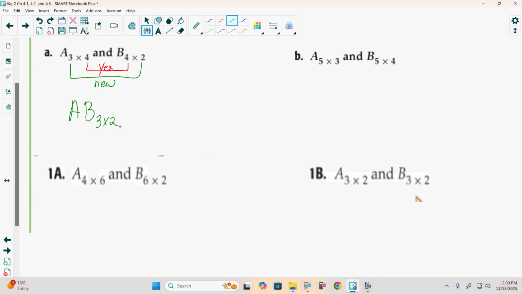So columns of the first and rows of the second are both 4, so yes, we can multiply these two together. That's all it's telling us. Rows of the first, columns of the second tell us what the new dimensions are. So yes, we can multiply A and B together, and the new dimensions are 3 by 2. We don't know what matrix A and B are at the moment, but we can say that they are able to be multiplied together.